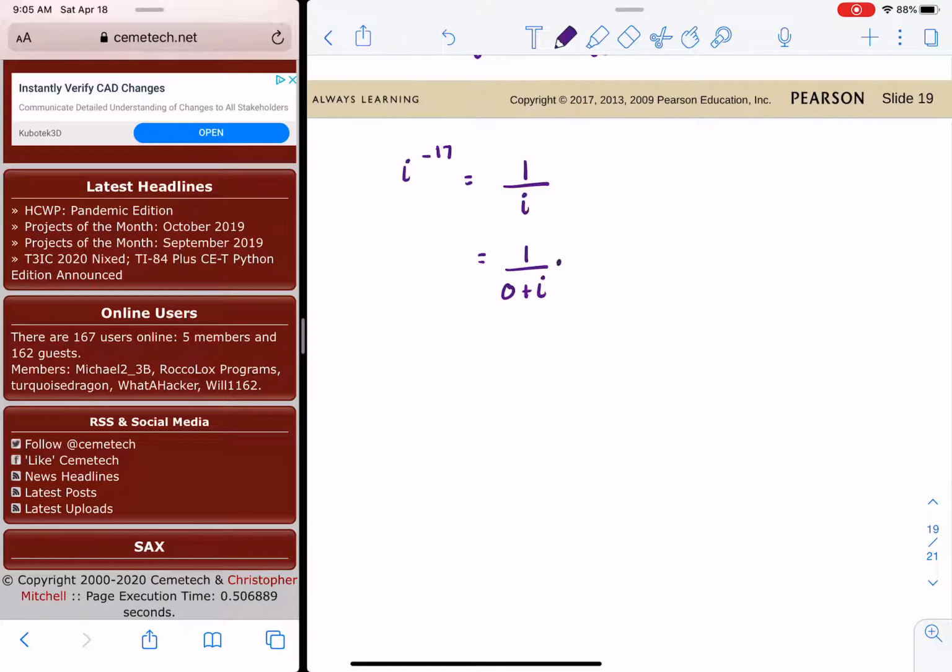Therefore, its conjugate would be 0 minus i, and I multiply and divide by the conjugate. So in the numerator, we have 1 times 0 minus i. In the denominator, we have 0 plus i times 0 minus i. Distribute 1 in the numerator. 1 times 0 is 0. 1 times negative i is negative i.